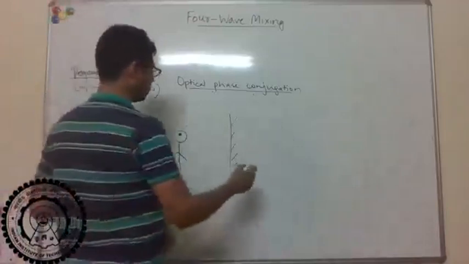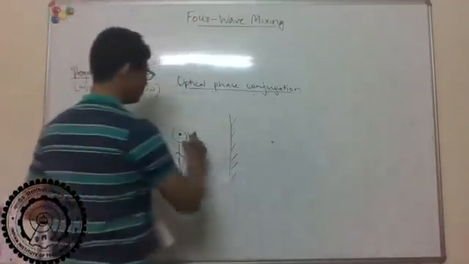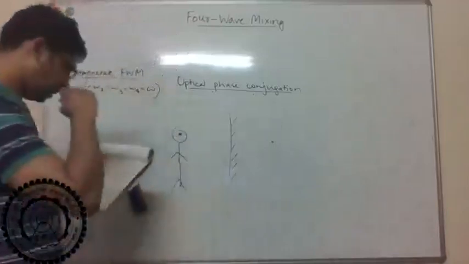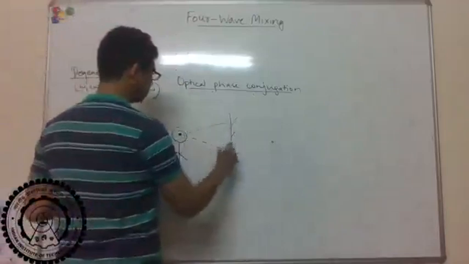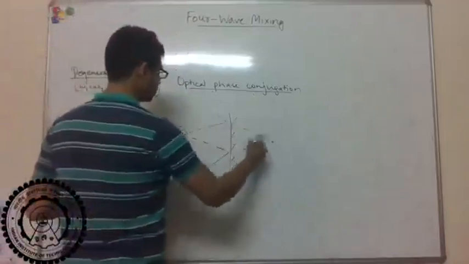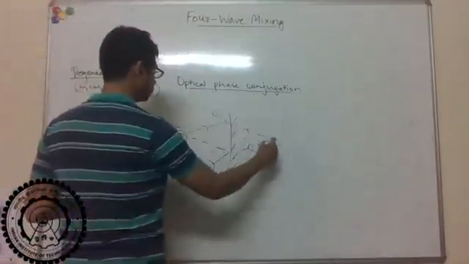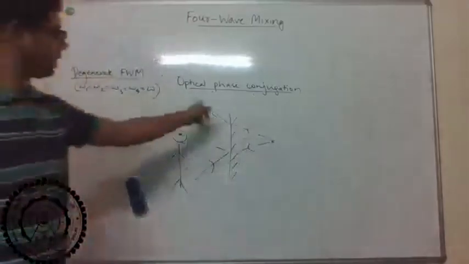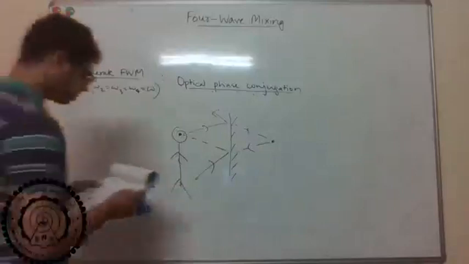It's basically the virtual image which is formed on the other side. So you have rays reflected like that, and an image being formed like that.